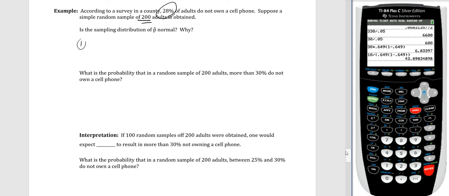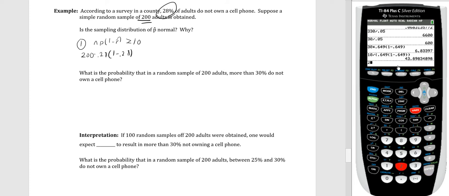So we have our two conditions. First, we have np(1 minus p). We want to see if that's greater than or equal to 10. Here our n is 200, which again is a lot. That's usually going to be okay in most cases, but we can check here. 200 times 0.28 times 1 minus 0.28. And what we want to do is confirm if that is greater than or equal to 10.